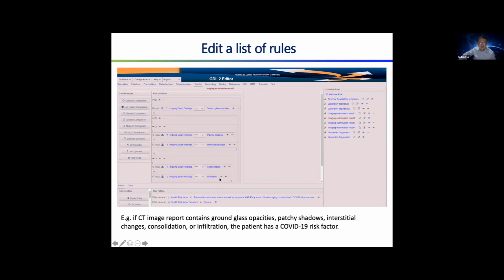Then the rules can be developed using this tool. This example shows that if the CT image report contains these features, then the patient has a COVID-19 risk factor, and it can be implemented in the CDSS further.